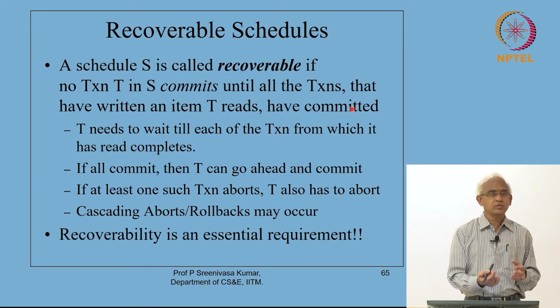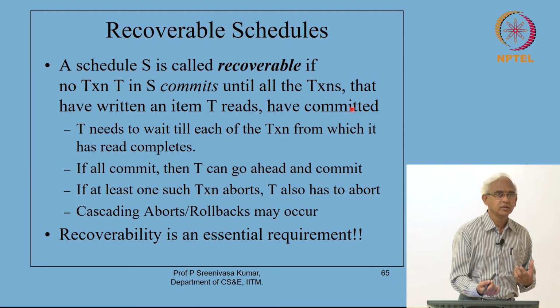Basically, I should be aware that some transaction might have actually changed the item which I have read, and whether that transaction completes or not, I do not know at this point of time. So, if I request a commit and the system grants that commit, then we are in trouble.